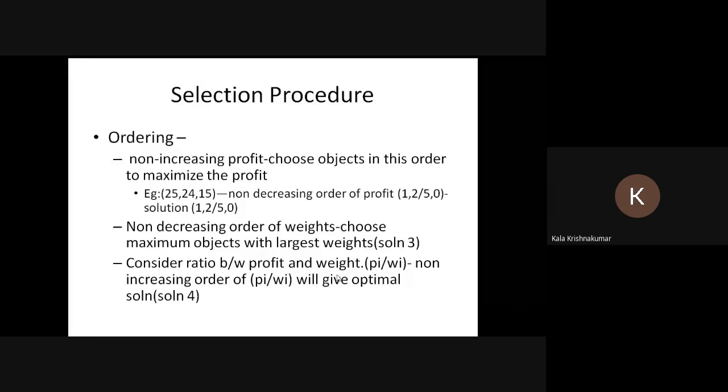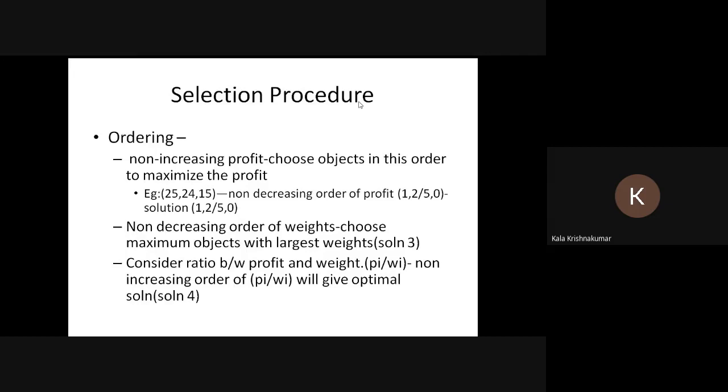And then we know that the first step is to order the input based on a selection procedure. How can you pick a selection procedure? It is your ordering of the input. Anyway, your aim is to fill the knapsack with maximum profit. So what are the different selection procedures you can choose? Suppose you are sorting this input in the order of non-increasing profit.